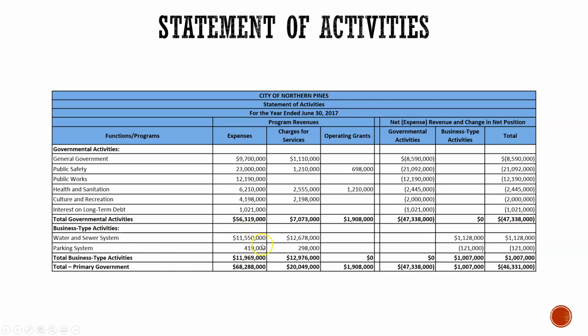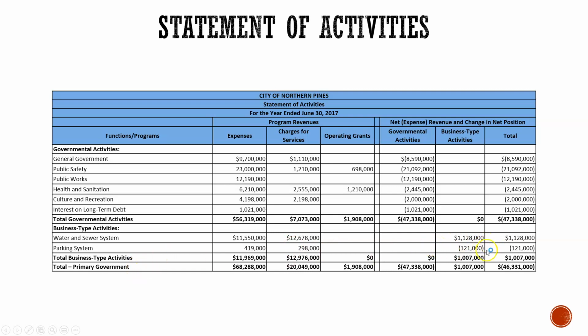We can see that we had $11.5 million in expenses and $12.6 million in revenues. So we actually had revenues that exceeded our expenses for the water system, although we did lose some money here with the parking system. Our expenses, again, exceeded our charges for service for the parking system.